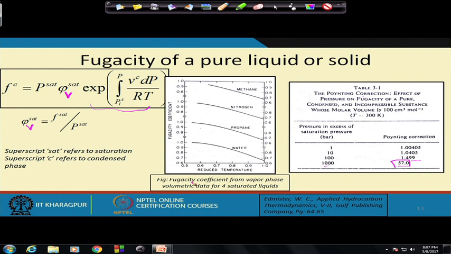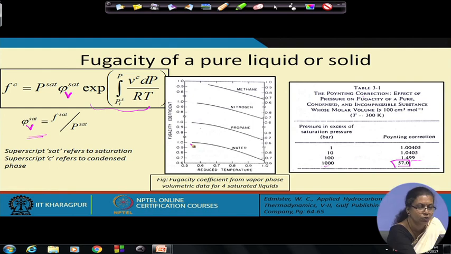Even if you observe the variation of the fugacity coefficient with reduced temperature, what do we find? We find that at conditions close to the critical, the fugacity coefficient differs remarkably from unity, and as we go to lower and lower reduced temperatures, the fugacity coefficient almost approaches 1.